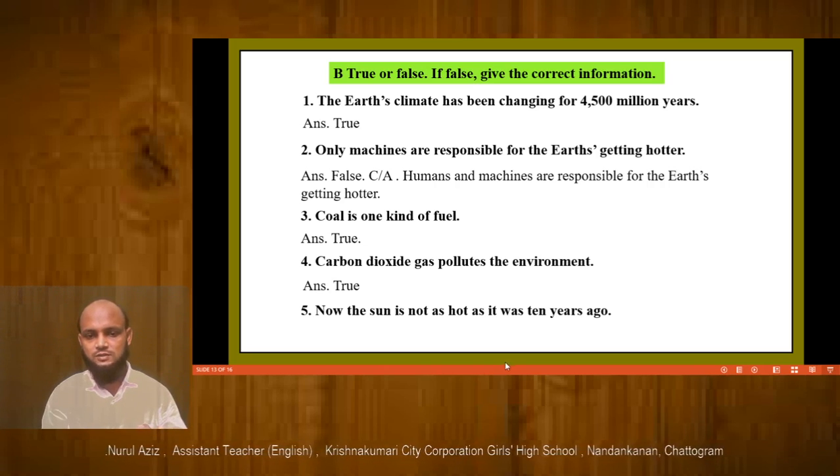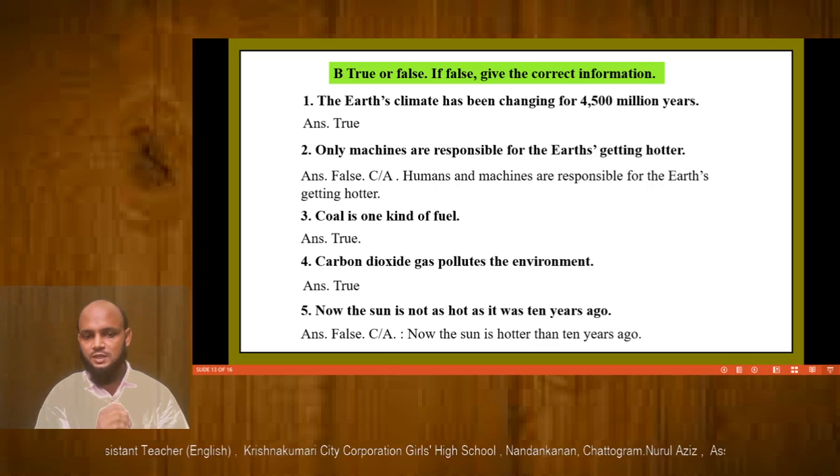This is false, of course. The correct answer should be: now the sun is hotter than 10 years ago. So this kind of question you have to answer carefully, because for this you have to understand the text well.